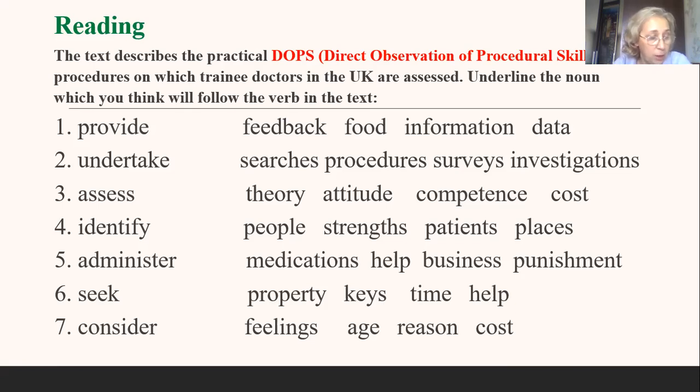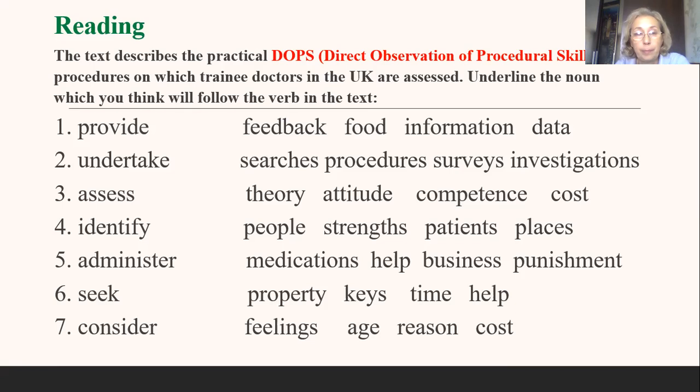Let us listen to Manish. What do you think of the first line here? Ma'am, we need to provide the feedback. Which noun do you choose? If we speak about assessment, feedback. Yes, provide feedback, exactly. Well, let us listen to Pradip, number 2.